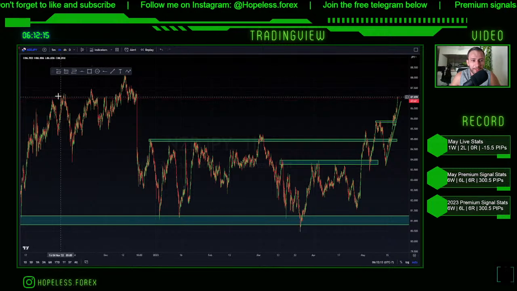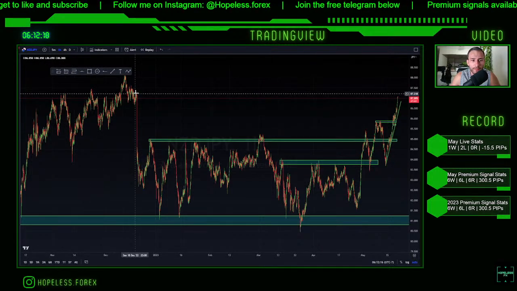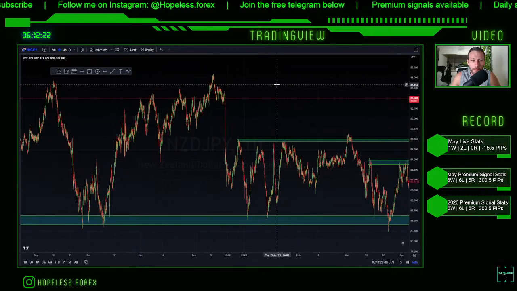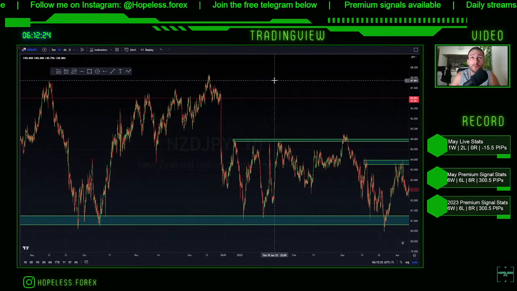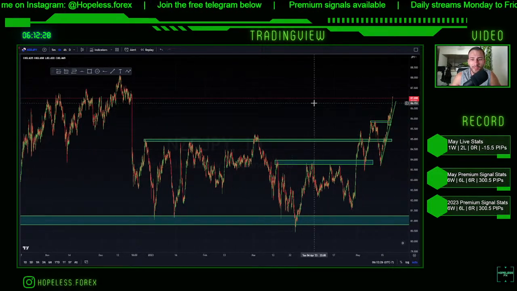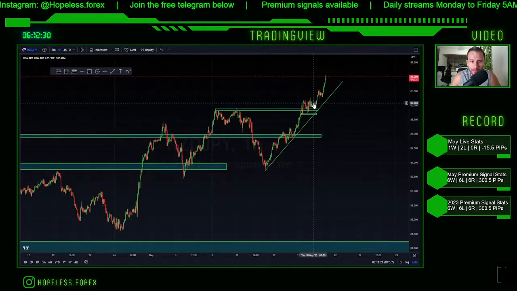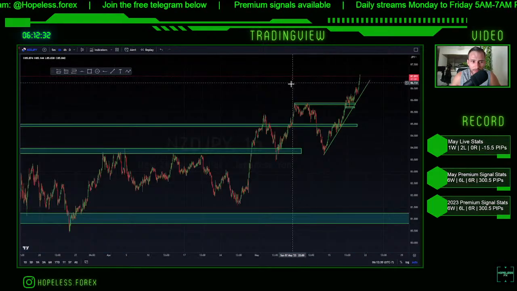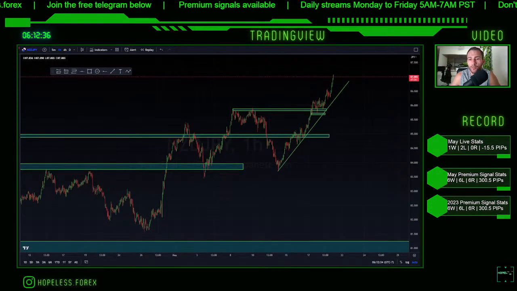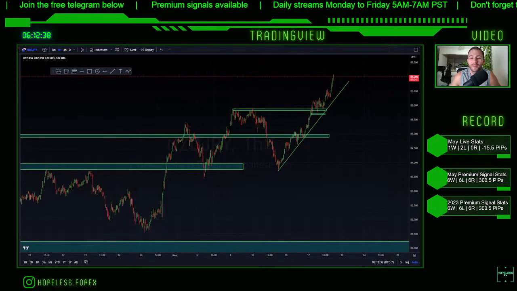It is maybe reaching some previous level of resistance on the left hand side of the chart, but does that mean I'm gonna sell? Hell no. I need a lot more confluence than just maybe there's some resistance on the left hand side. I say a lot more, literally just 1 or 2 pieces more is enough for me.